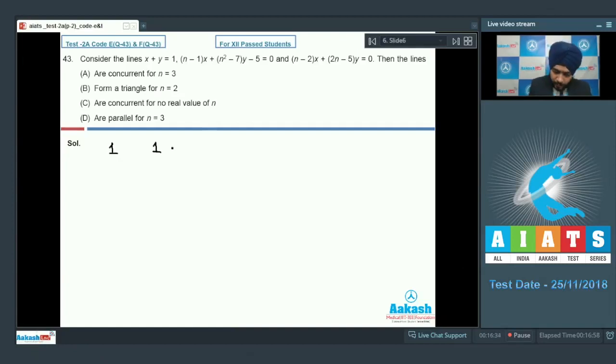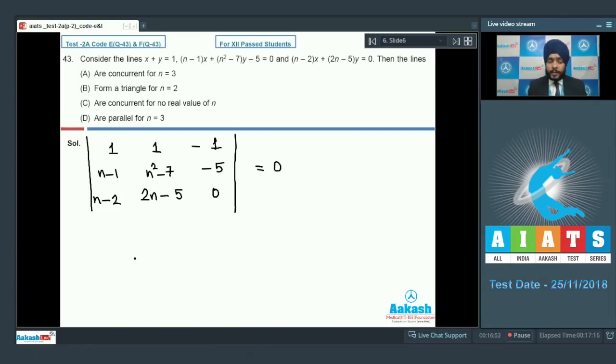So the determinant with rows 1, 1, minus 1; n minus 1, n square minus 7, minus 5; n minus 2, 2n minus 5, and 0 is equal to 0. That is the condition of concurrency. For that also we have to cross check. Expanding along column 3, I will get plus minus plus.